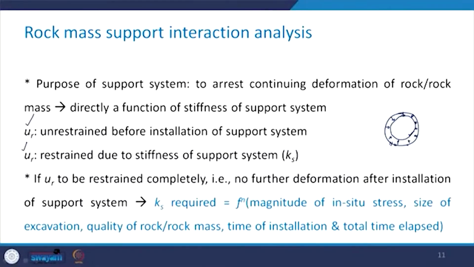The deformation will be completely arrested. So, this UR, which is this radial deformation, gets restrained due to the stiffness of the support system, which is being represented by Ks. So, if this radial deformation is to be restrained completely, what does that mean?